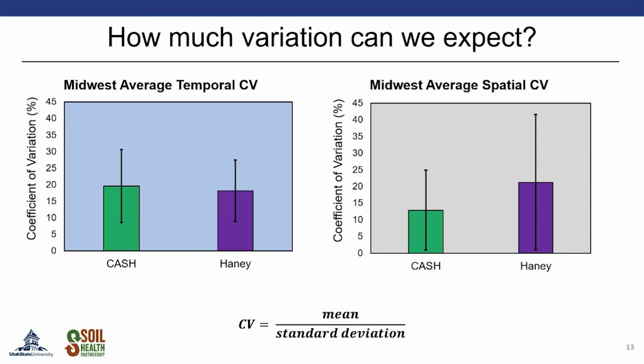And I think the Haney has the higher coefficient of variation because it's based more heavily on those biological characteristics. And we know that soil biology changes from 2 feet away. So I think that's why we're seeing the Haney test is going to have higher spatial variation.